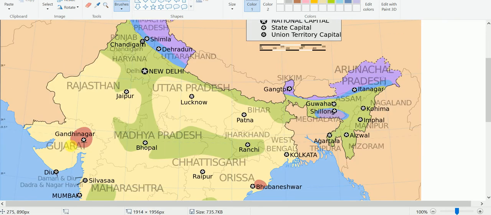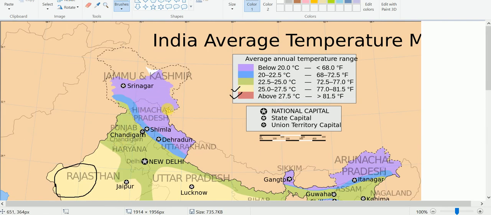Actually here in the Rajasthan area, as mentioned in the book, the temperature in the western part of Rajasthan sometimes records 50 degrees Celsius, whereas in the Jammu and Kashmir area, in Pahalgam, it is only 20 degrees Celsius in the summer season.